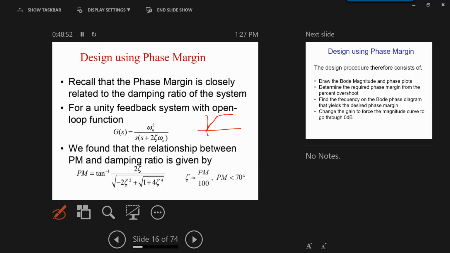And I told you up to this, in this range, the phase margin can be approximated as a line, this line. So this is the approximation here. So the phase margin for damping ratios between 0 and 0.7 can be approximated by this relation, and you don't need to worry about anything.